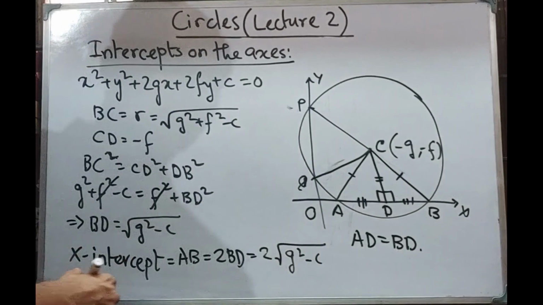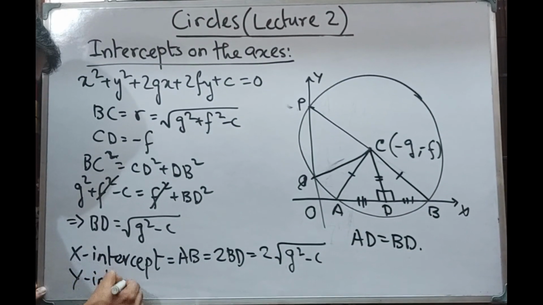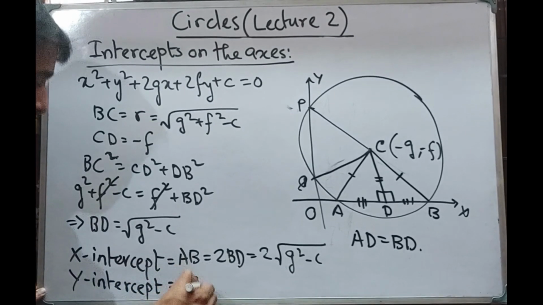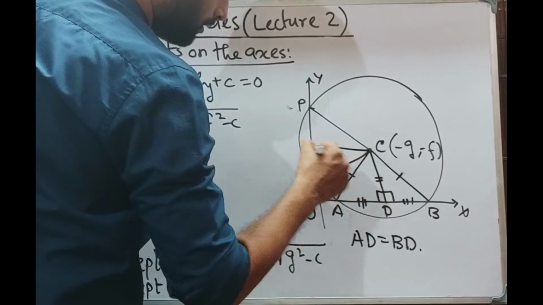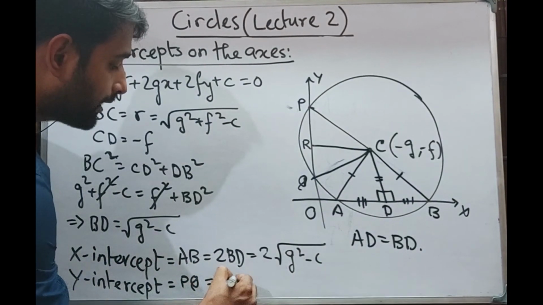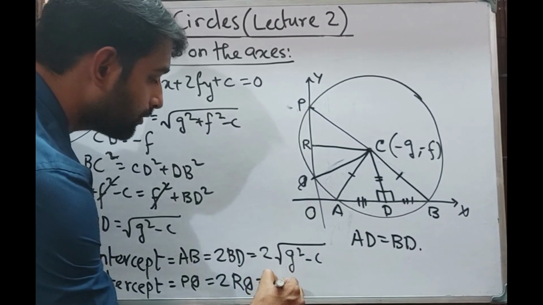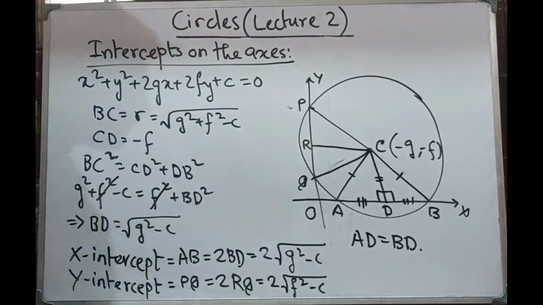So in the same way, with the symmetry we can write the y-intercept, that is PQ. If I draw a perpendicular here from C, say this is R, that we can write as 2RQ, and which will be 2 root over of f square minus c.